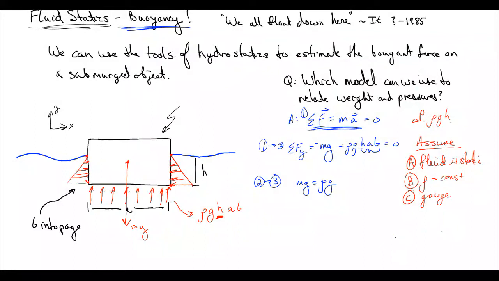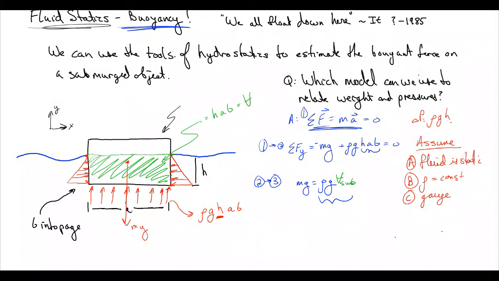So this is equal to h a b, which we're going to call the submerged volume of the object. So volume submerged, call it V sub. Right? Great. And what we've learned is that this is the buoyant force.